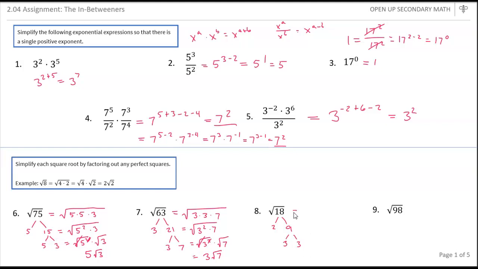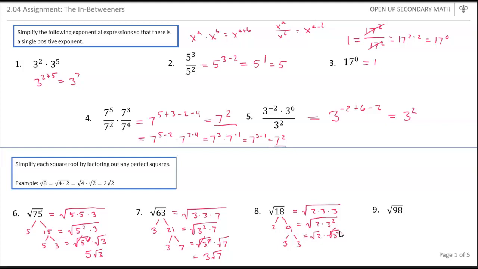So let's write this one out. This will be 2 times 3 times 3, same thing as 2 times 3 squared. Give them their own roots.